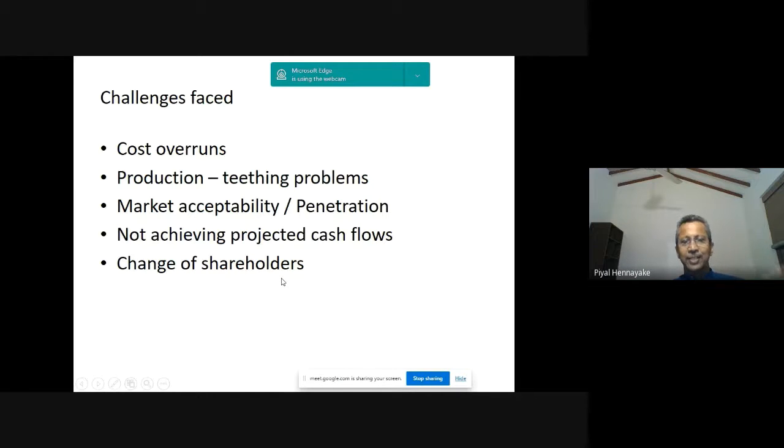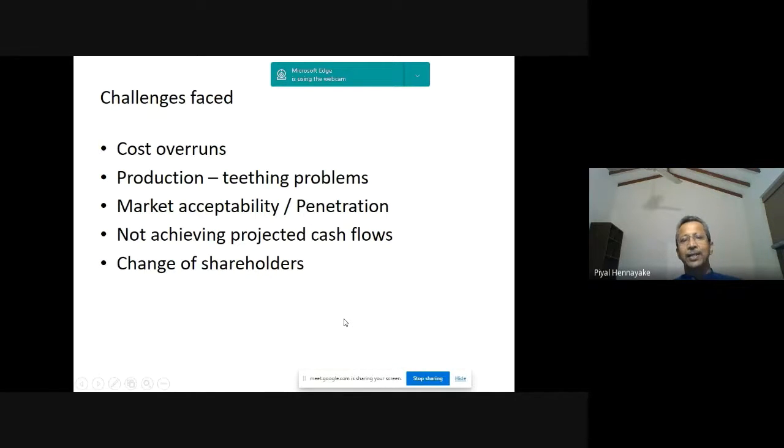You have to visit a steel factory and see how people manage this because they have to heat them up to boiling level. Sri Lankans cannot manage that, but Indian labor is managing those factories. Market acceptability, penetration problems, and not achieving projected cash flows. And on top of that, shareholders change.